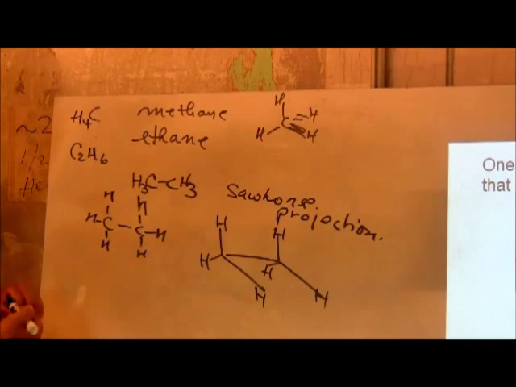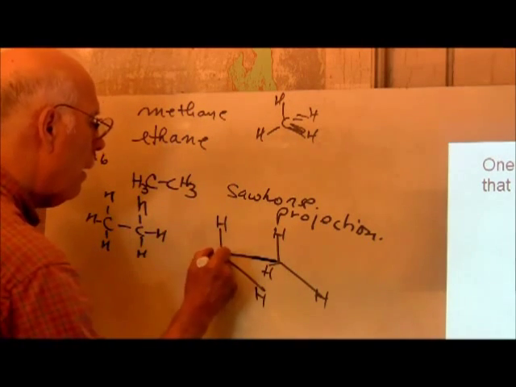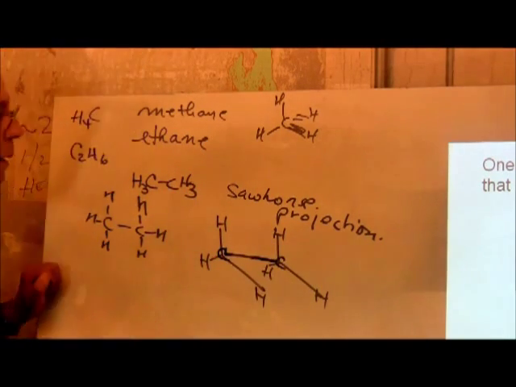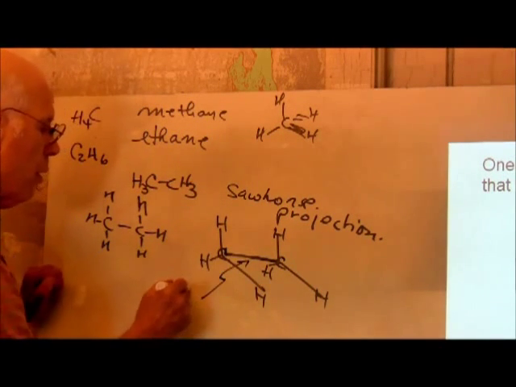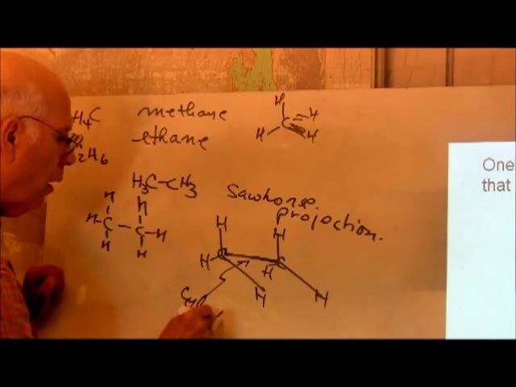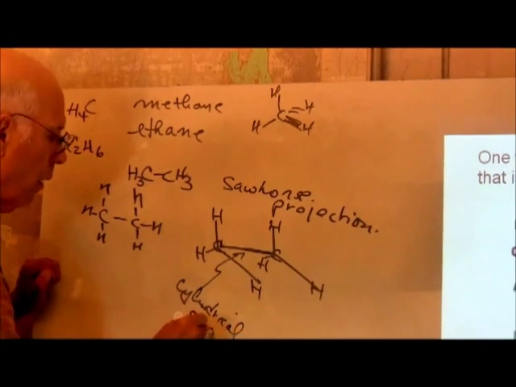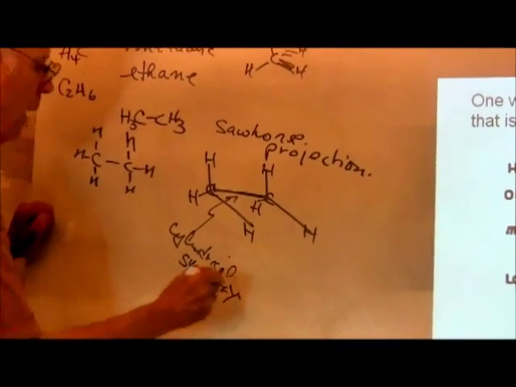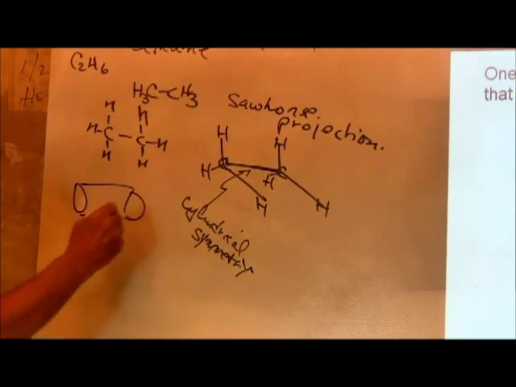Now, here's a bond. This covalent bond connects these 2 carbon atoms. That covalent bond has a cylindrical symmetry. In other words, it has the characteristic of a cylinder.